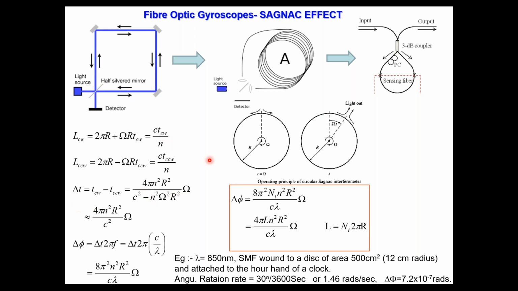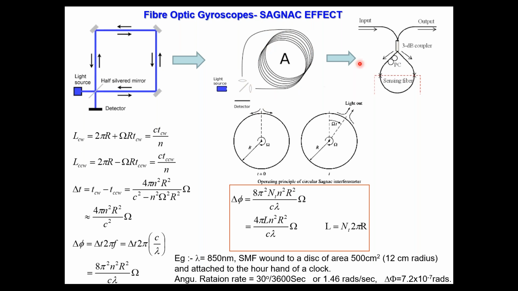So you can calculate that delta t, that is the difference in time for the counterclockwise propagation and the clockwise propagation, which can be translated into delta phi, and you find that this delta phi can be considerably large when you have a large number of such fiber turns available.